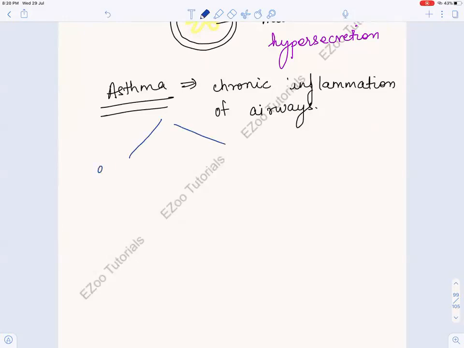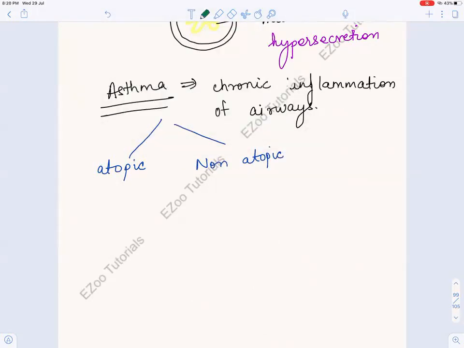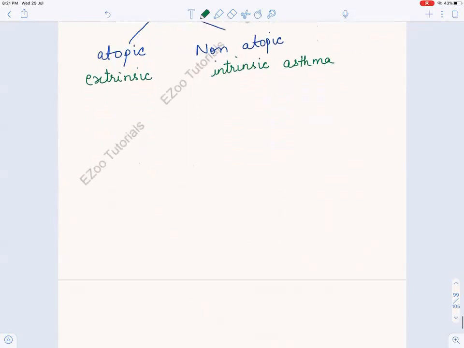Asthma can be classified into two types: atopic and non-atopic. Atopic is extrinsic and non-atopic is intrinsic asthma. Let us see atopic, or extrinsic.